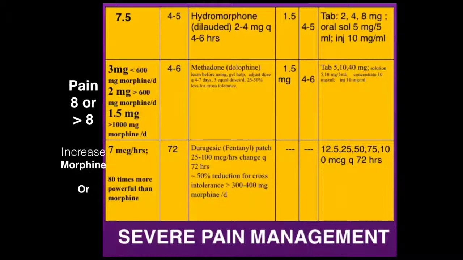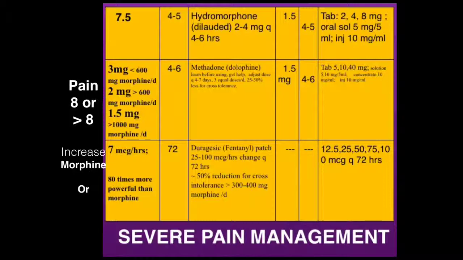If the person is taking more than 600 milligram of morphine, then 2 milligram of methadone is equal to 30 milligram of morphine. If person is taking more than 1000 milligram, 1.5 milligram of methadone is equal to 30 milligram of morphine.